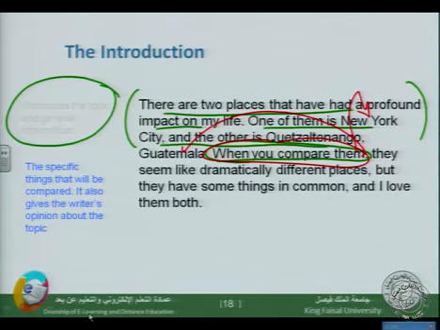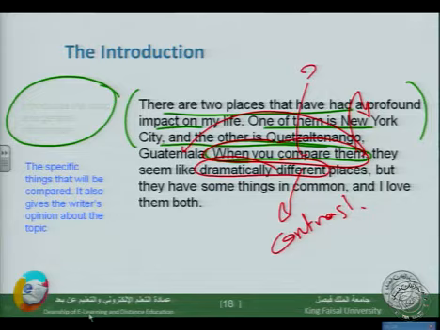So you will come to know from this statement, or from this dependent clause, that we have a comparison essay, okay? And if you read, they seem dramatically different. So different means contrast, and compare means similarities.